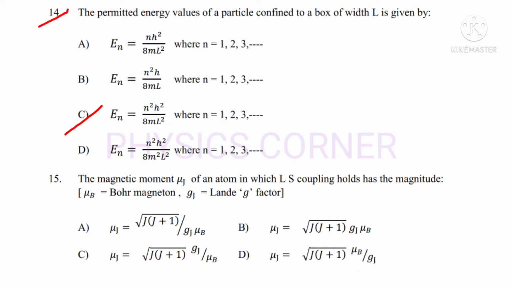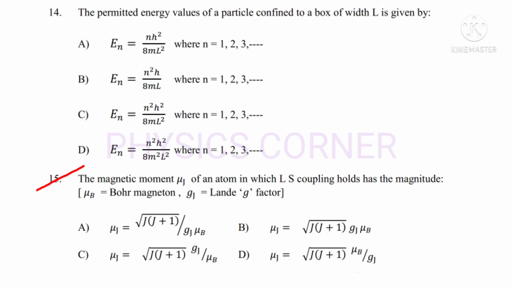Okay, so the next question, the magnetic moment mu j of an atom in which LS coupling holds has the magnitude, mu b is the Bohr magneton, and Gj stands for Landé g factor. So what is mu j here?